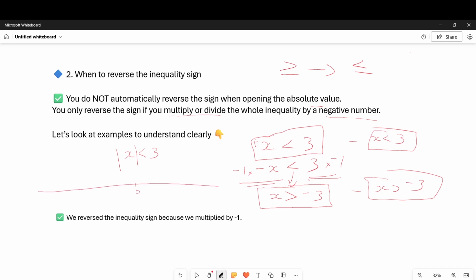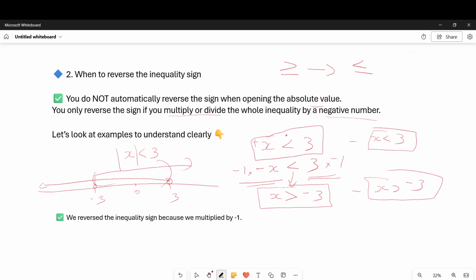This is 0, this is minus 3, this is 3. The first case is x less than 3. The second case is x greater than minus 3, which means minus 3 is not included. So this is how we open this side, and this is the common intersection area.